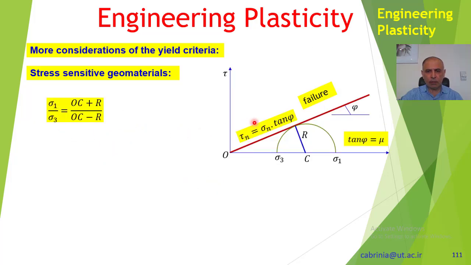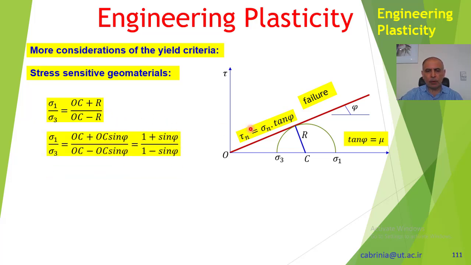Here we can find out the relationship between sigma 1 and sigma 3. As you can see, sigma 1 could be written as OC plus the radius of the circle, and sigma 3 could be written as OC minus the radius of the circle, which is R. And also this radius in this triangle could be written in terms of OC, in fact OC sine this angle, which is phi.